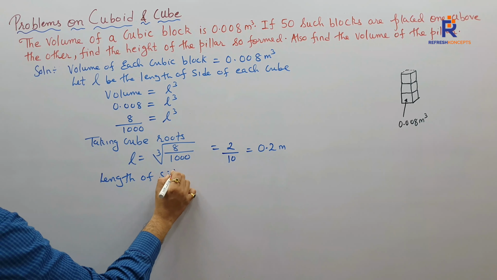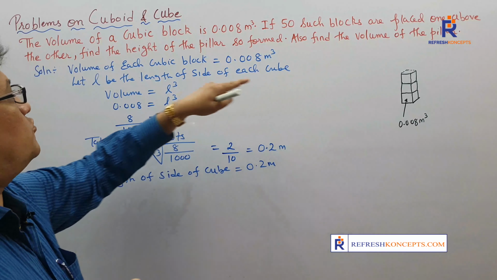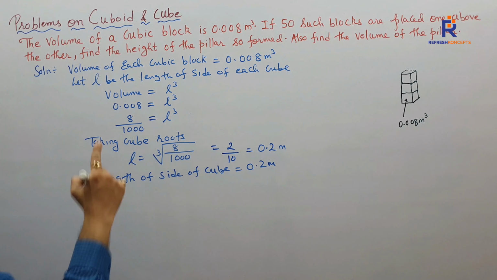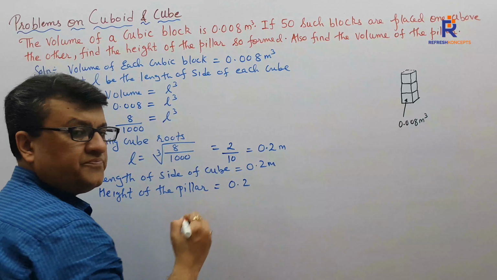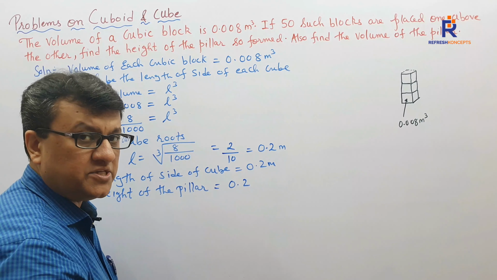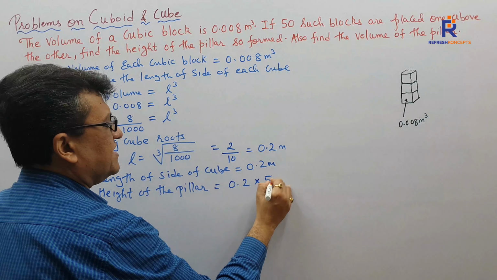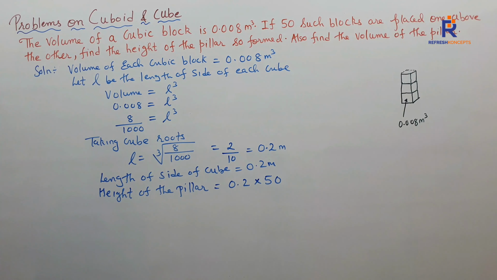Was that the thing I was supposed to find out? No. If 50 such are placed one above the other, find the height of the pillar. So what is the height of the pillar when 50 are placed one above the other? If one is 0.2, it is 0.2 into 50.